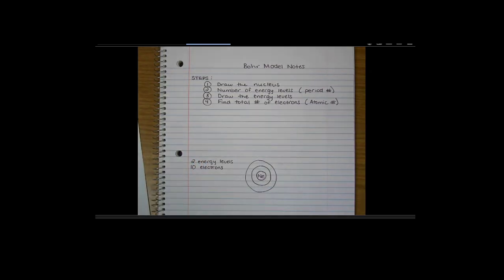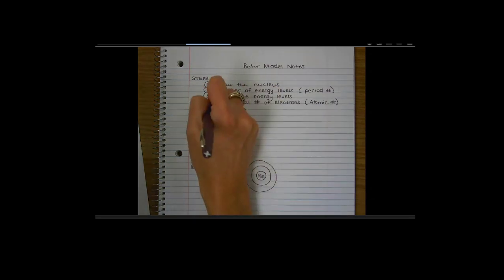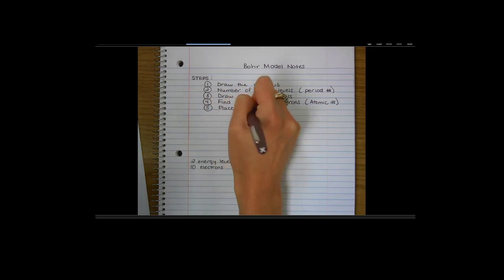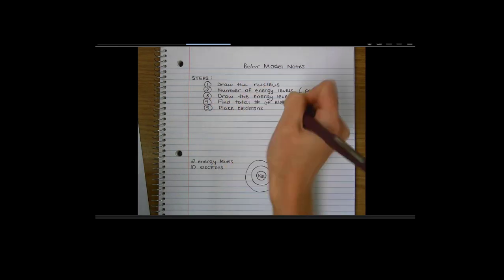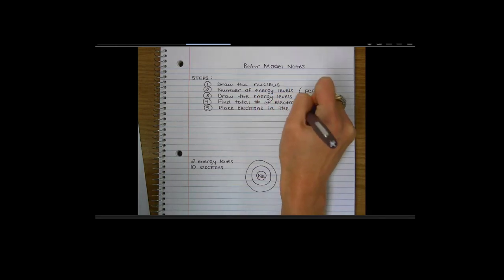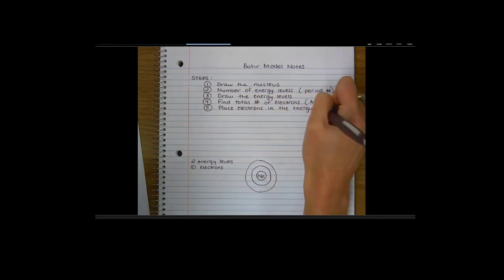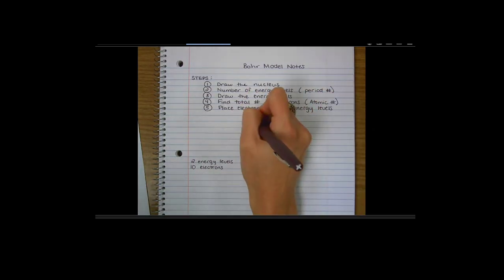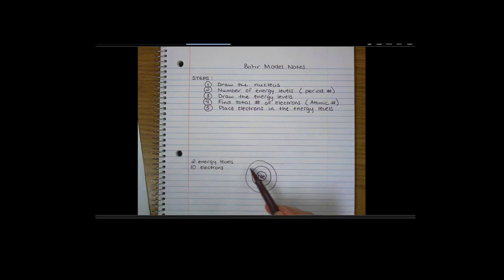And then our next step, step number 5, is to place those electrons in the energy levels. So we do have a couple of rules when we're placing them in these energy levels or these orbitals. We can't just place them wherever we want.